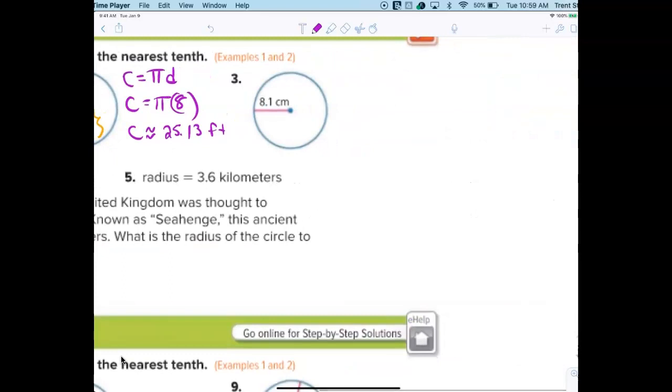Number 3. All right, Harrison. Tell me what to do. First, we write the formula. Yep, I'm going to put pi times d down. And underneath that, I'm going to do c equals pi times, again, 16.2. That was very good. All right, and then you tell me what that is.